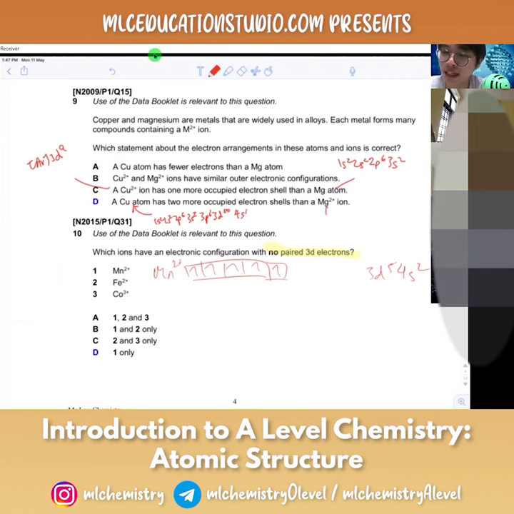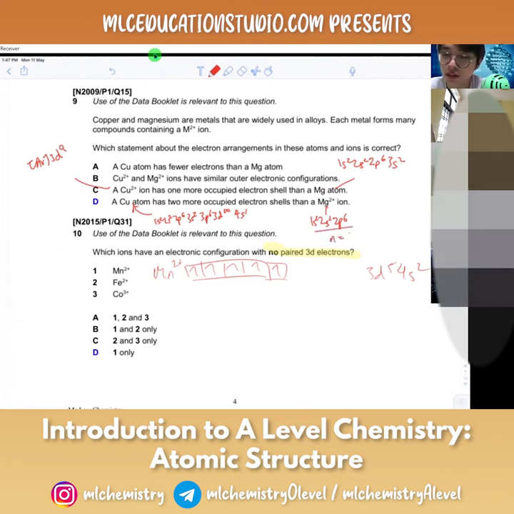Then magnesium 2+. 1s2, 2s2, 2p6. Just 2p6. Yes, so it fills until n equals to 2.